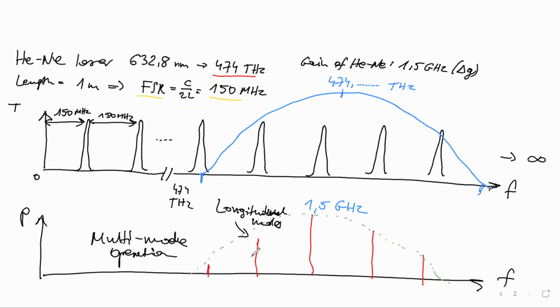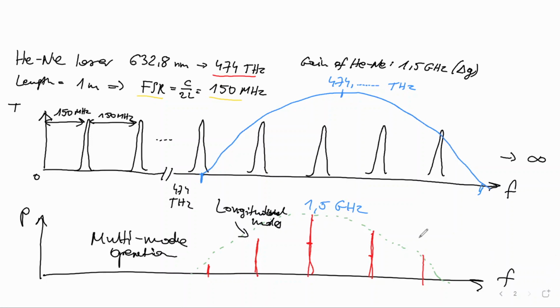These lines will be, of course, very narrow. They can be really narrow, maybe kilohertz or even hertz width, but they will be under this envelope of the gain bandwidth of the helium neon medium. So this is a multimode laser.